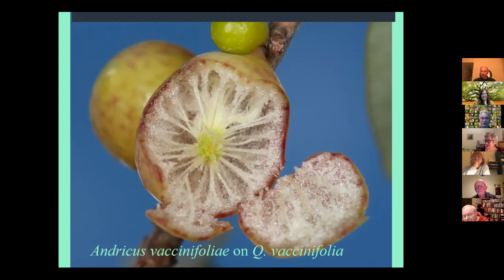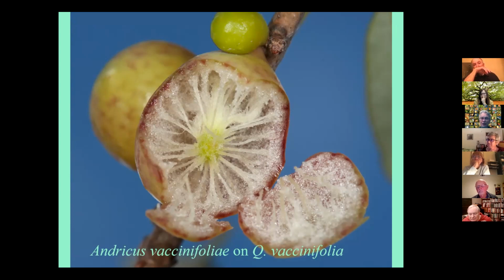This is Androcus vaccinifolia, but we have a lot like this. This is the classic, quote, oak apple. Not our California gall, but which is sort of solid and looks like a green apple on the outside.